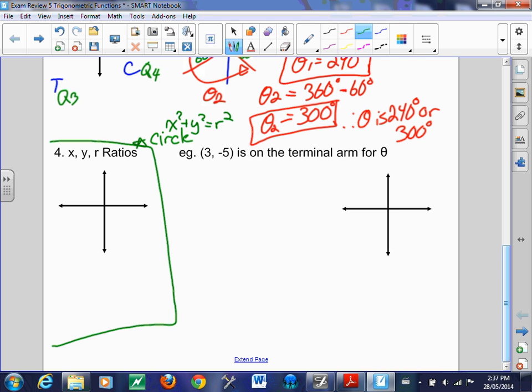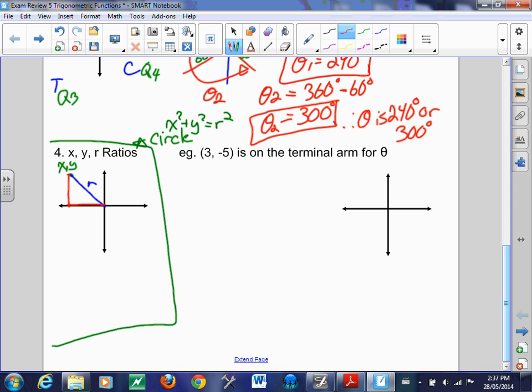Say I have a point over here, and its ordered pair is x, y. If I draw a line from the origin to it, that's the r. Then you got to remember, how do I figure out by drawing a triangle which one is which?